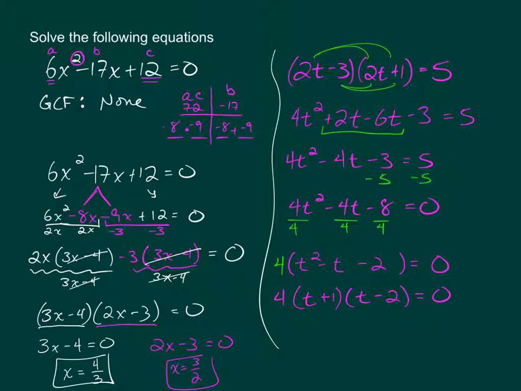So then from here we can take each factor that has a variable, so t plus 1 and t minus 2, and set it equal to 0 and solve for t. Eventually getting you to the answers of t equals negative 1 and t equals a positive 2.